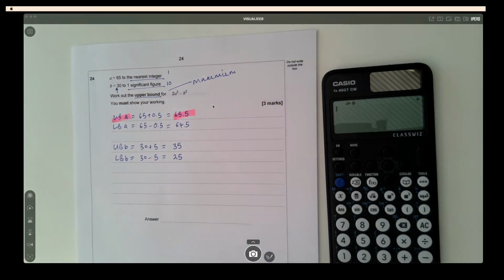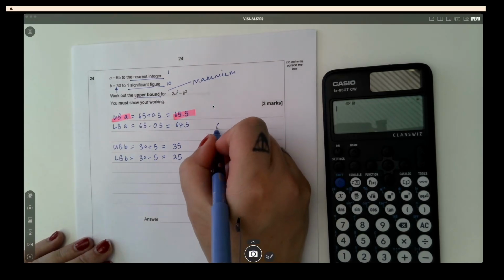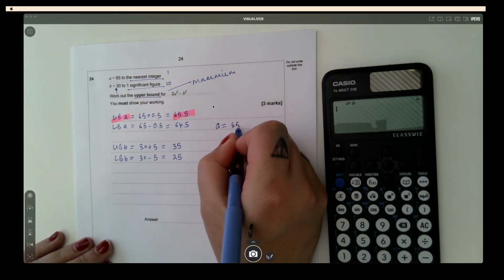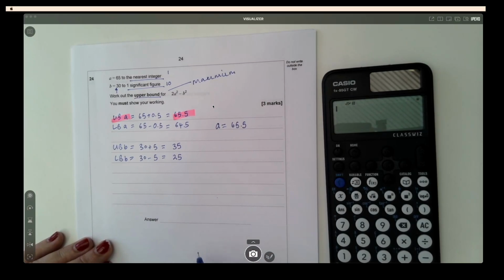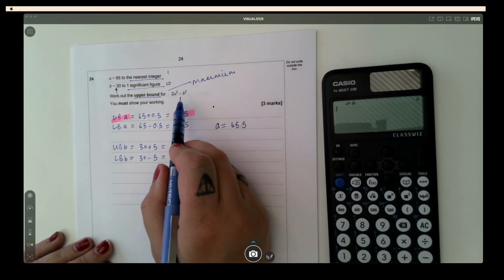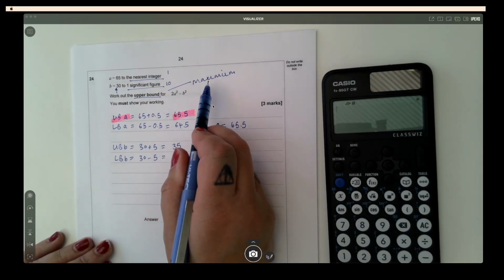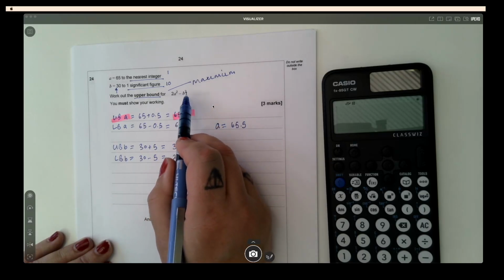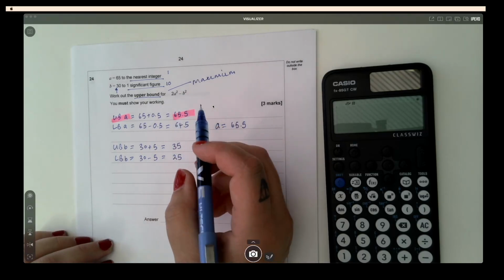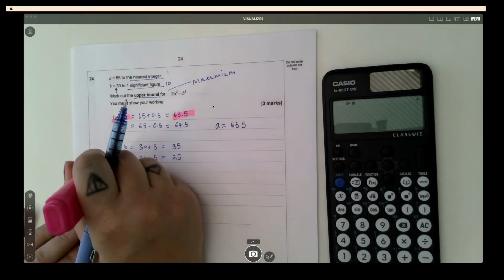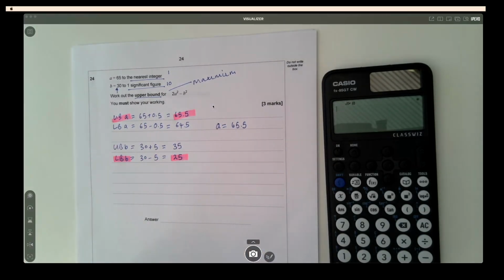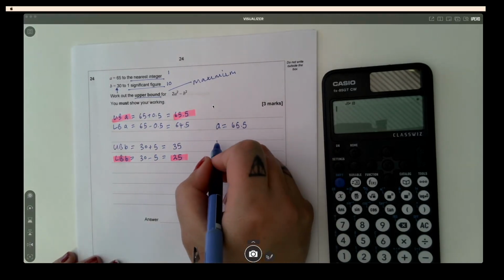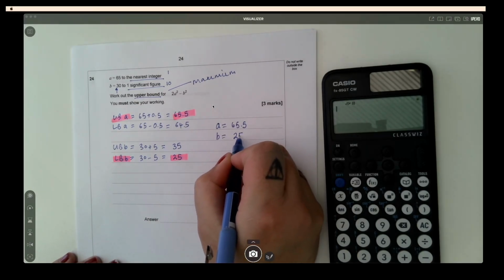So we're going to use a equals 65.5. And then to subtract the smallest possible number, we're going to want to use the smallest possible value of b. So we're going to use the lower bound for b. So we're using a as 65.5 and b as 25.